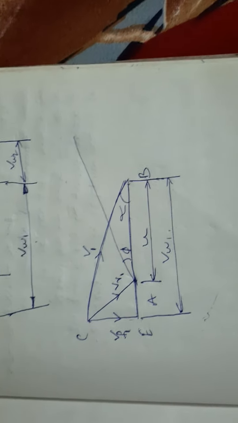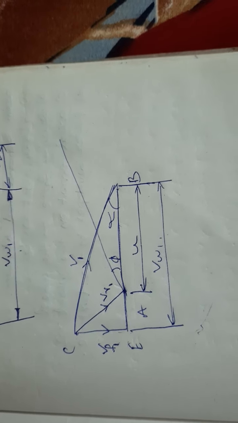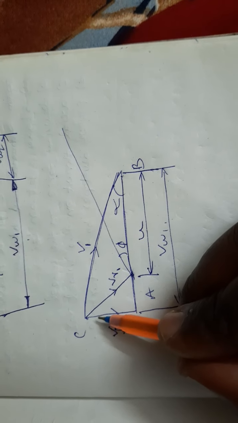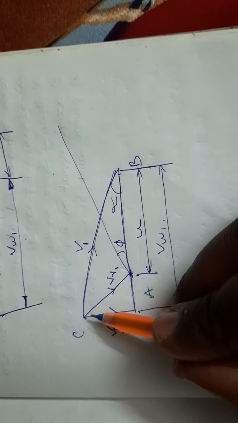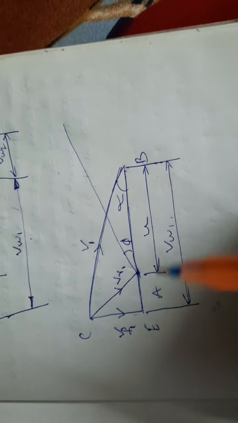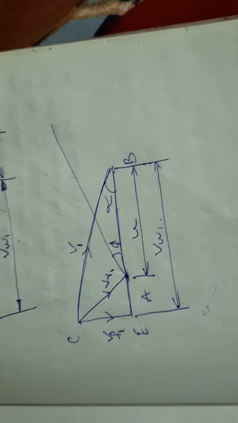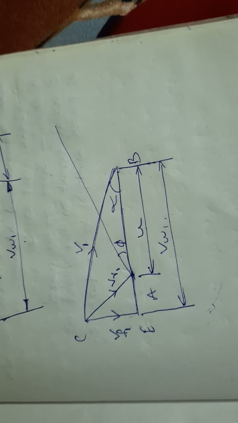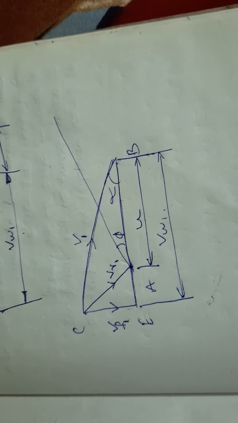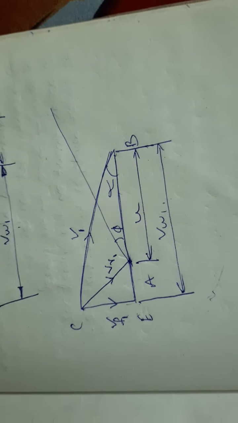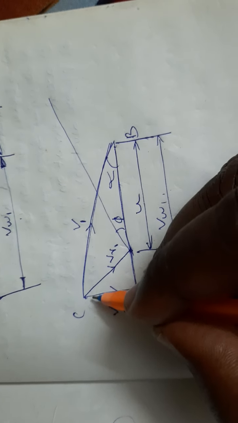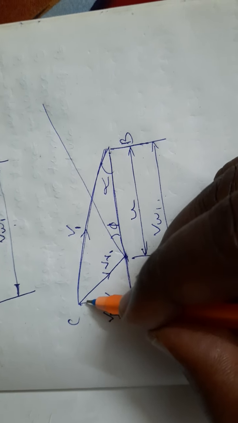This is the construction procedure of the inlet velocity triangle. While we are considering the frictional losses, due to friction the steam flows through the wall of the nozzle and there is a loss in the velocity. It may be 10% or 20%.